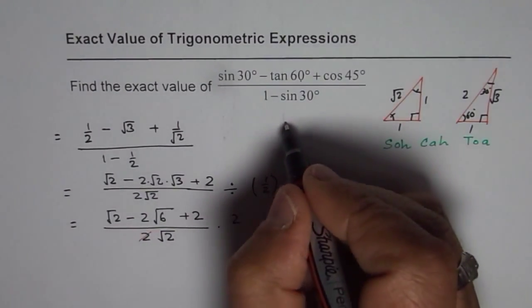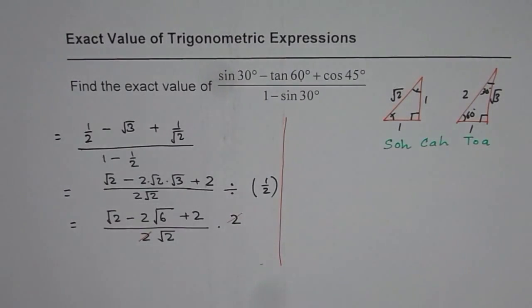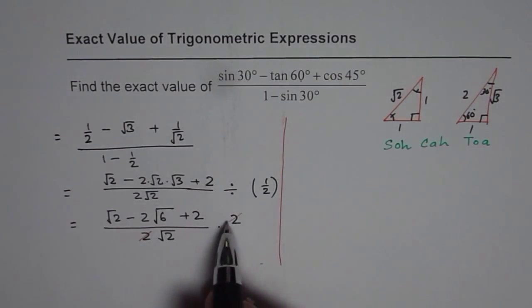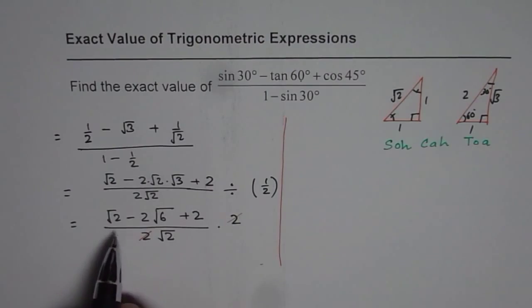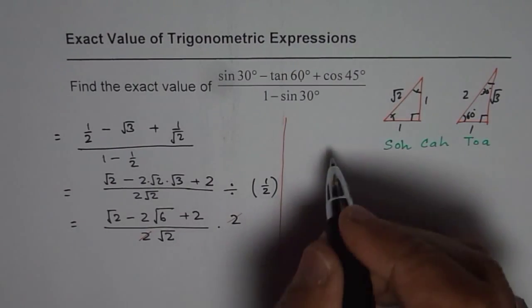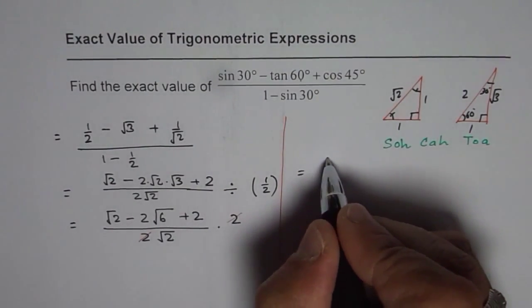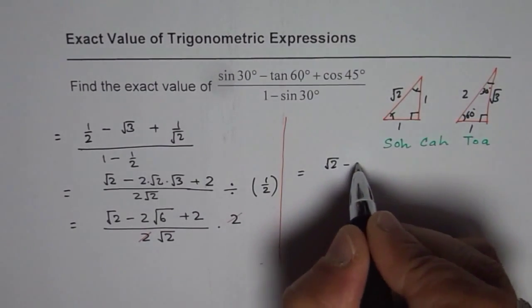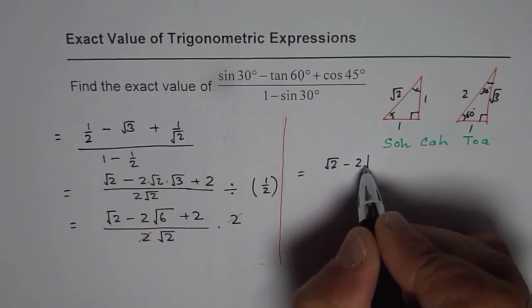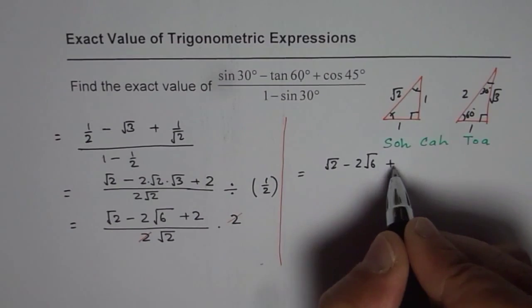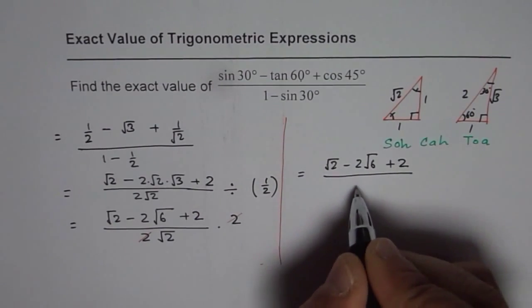After cancelling 2, we are left with square root 2 minus 2 square root of 6 plus 2, divided by square root 2.